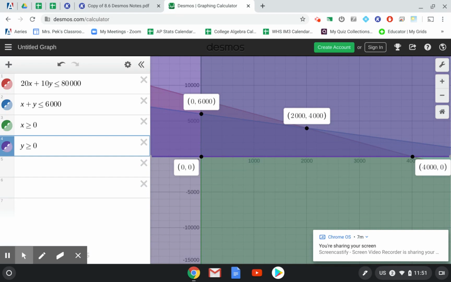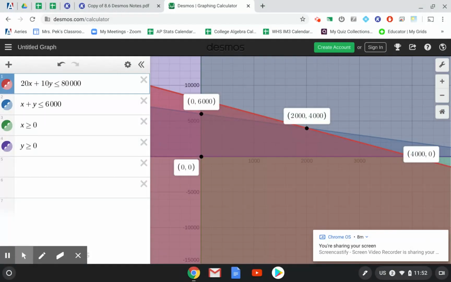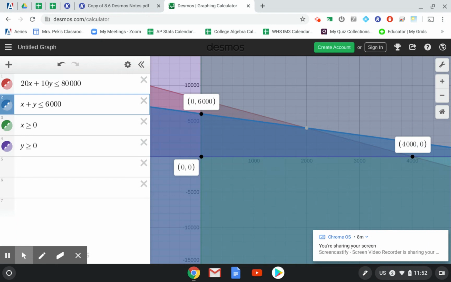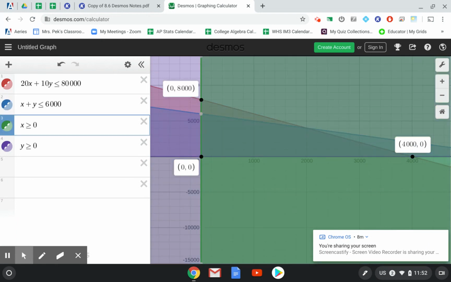So these 4 points are what we call the corner points of our feasible region. You're going to hear the term feasible region, which is that overlapping shaded region. All right, so we've got 0, 6,000. I have to go all the way up to, let's see, where did this red one cross my y-axis, just so I know how high I need to graph this thing? 8,000.